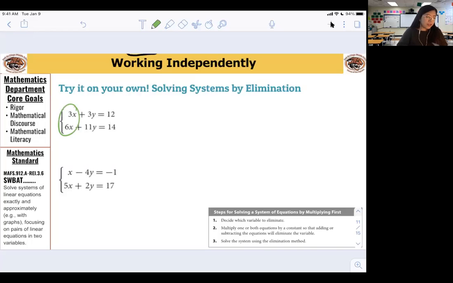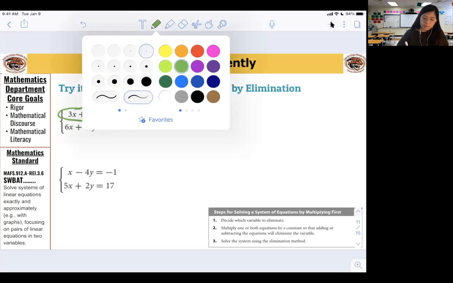What should I multiply by in order to turn that 3 into a -6? -2. So we want to multiply everything by -2, and that's very important. If you chose to multiply it by +2, you would not have opposites. Remember that you always, always, always want opposites.